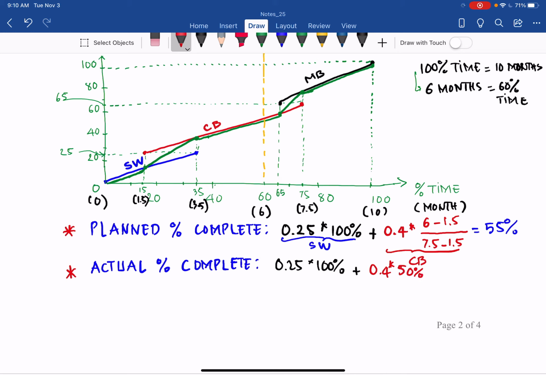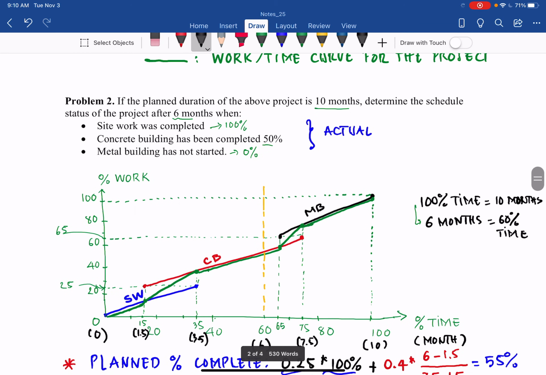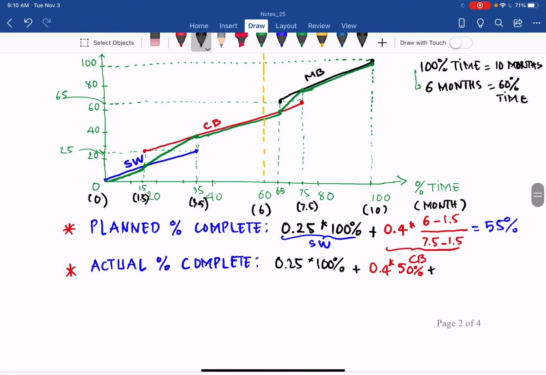And then the metal building has not started, so the total effort for the metal building is 0.35 times 0% complete. So from that, we determine this percent complete is 45%.